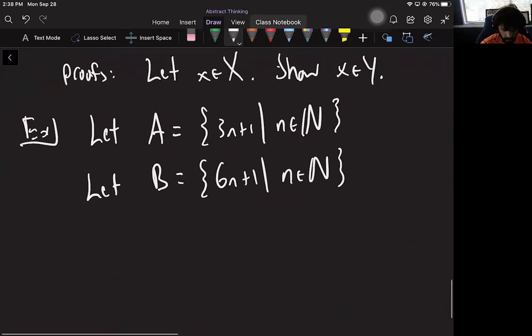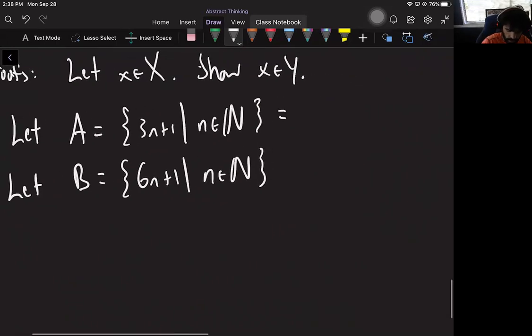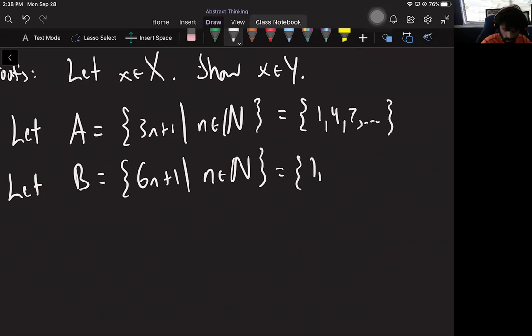So really quickly, we could think about these better. What is this really? If I plug in 0, I get 1. So it's 1 and then adding 3 a bunch of times. And this one is 1 and then adding 6 a bunch of times, 7, 13.